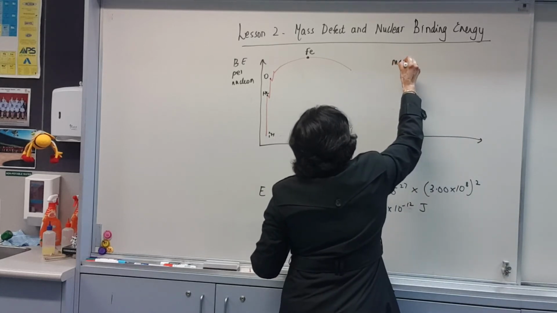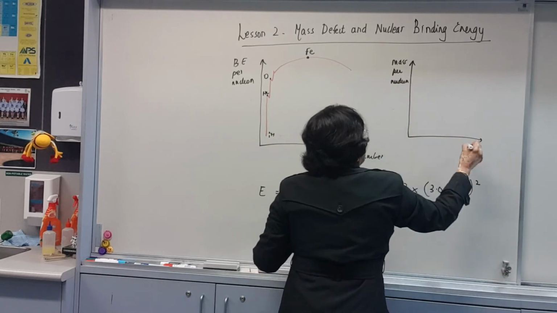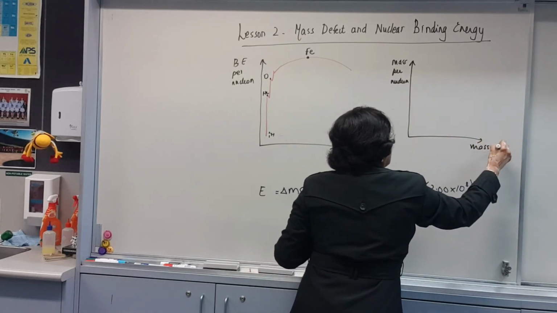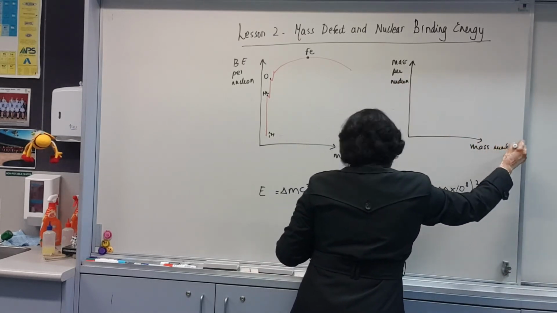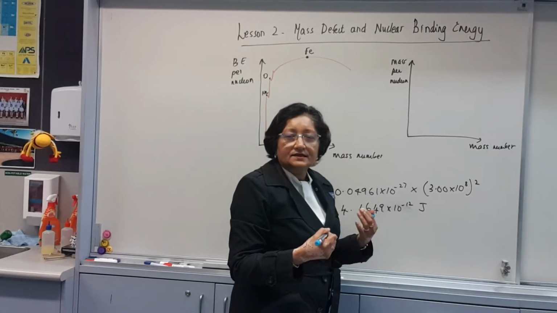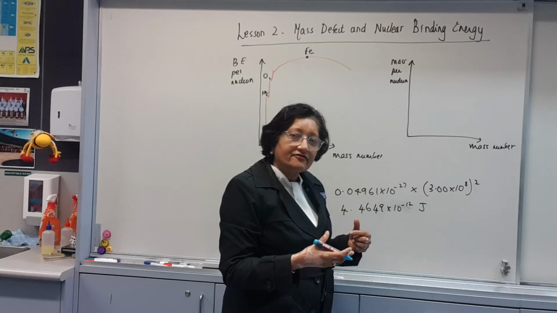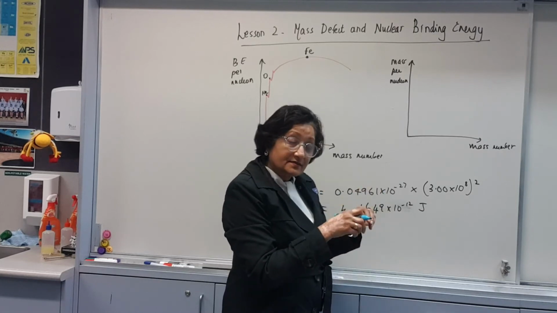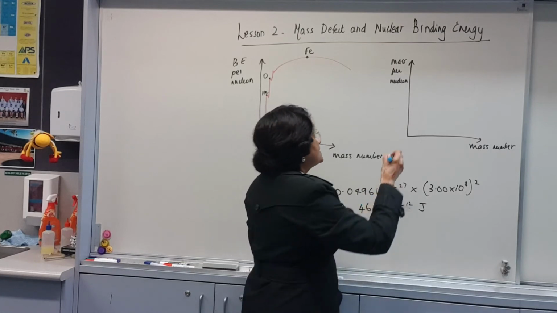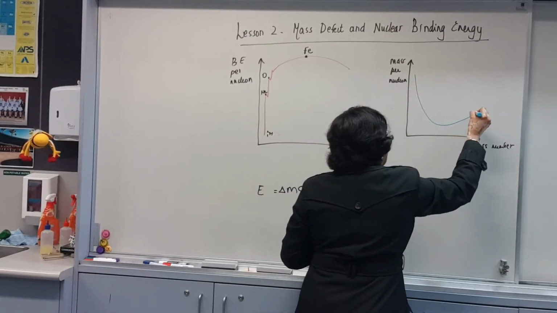So this is mass per nucleon and mass number. So this graph is nucleons with less binding energy will have more energy themselves and also greater mass. So this curve looks something like that.